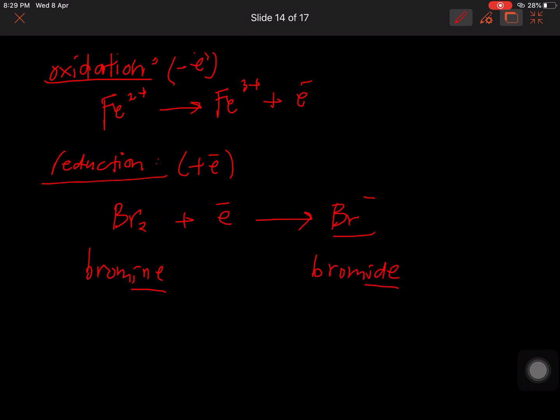Belakang dia ide. Bromide is ion, bromine is molecule. Sebut betul-betul. Okay, balance equation. We have 2 Br here, so you put 2 in front. So 2 electron ni, so also have to plus with 2 electron.